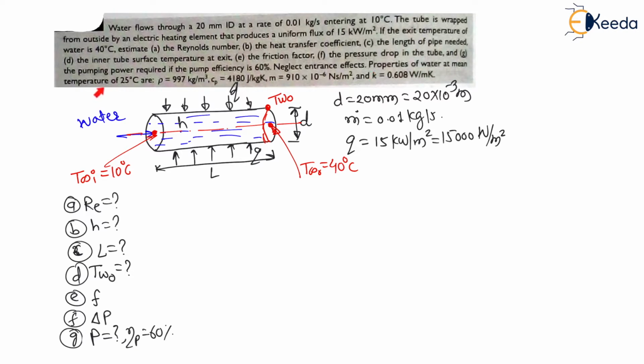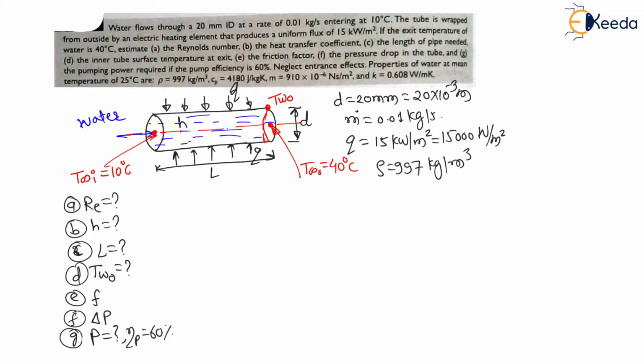Properties of water at a mean temperature of 25 degrees Celsius are given. Here the density of water and specific heat of water are given. Let us check the units. Newton second per meter square is a unit of dynamic viscosity. Therefore, this is the dynamic viscosity, and k is the thermal conductivity. The density of water is 997 kg per meter cube.